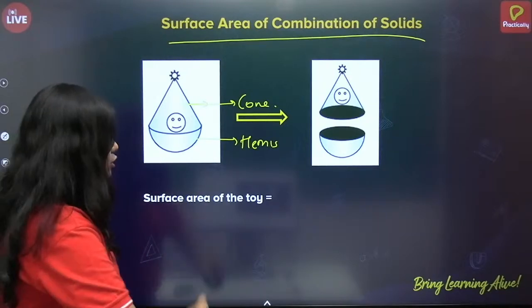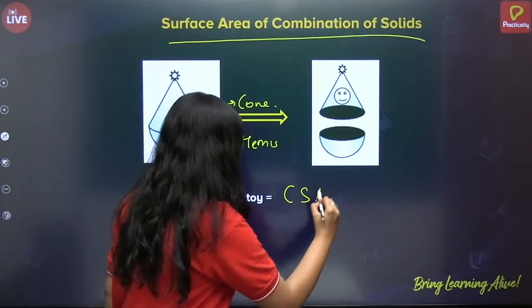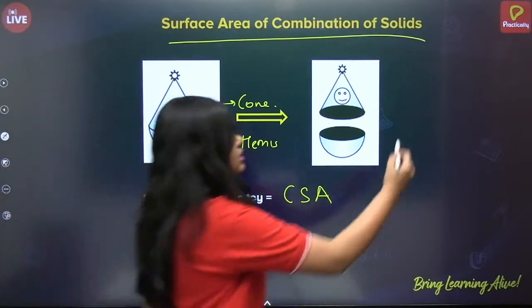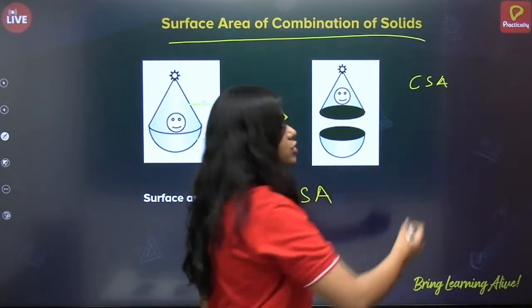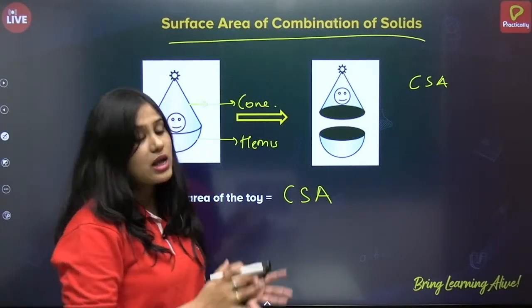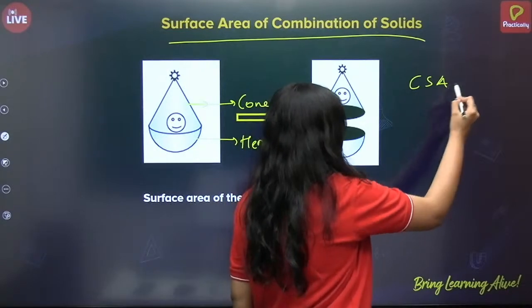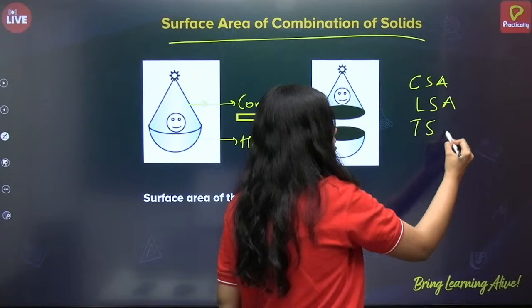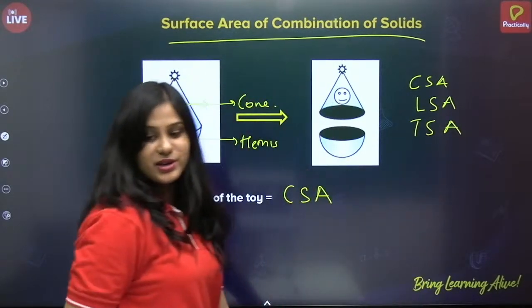So surface area of the toy is equals to CSA. Again, CSA is nothing but curved surface area, okay? I'm just mentioning here because instead of writing it completely, I'll be mentioning CSA, LSA and TSA. I hope it's fine. CSA is curved surface area, LSA is lateral surface area, TSA is total surface area, okay?